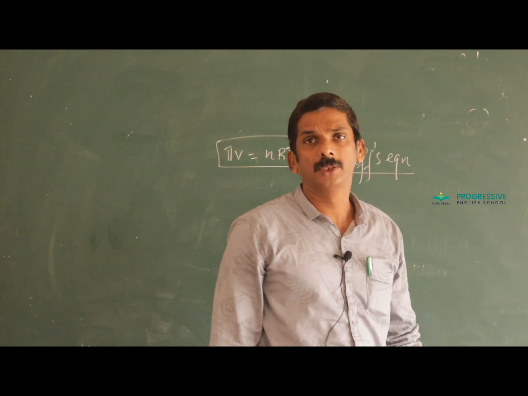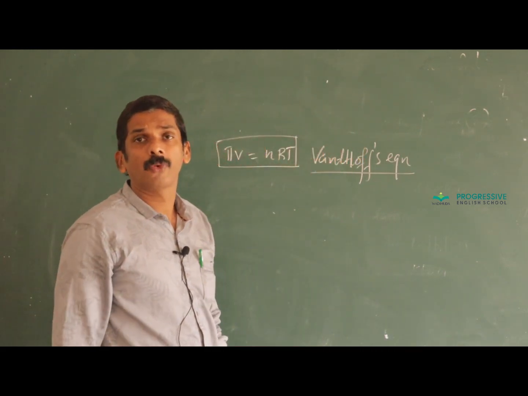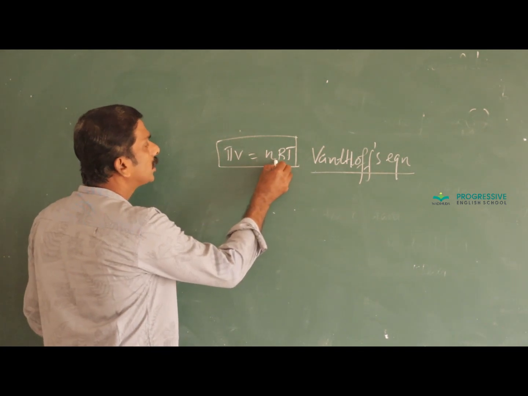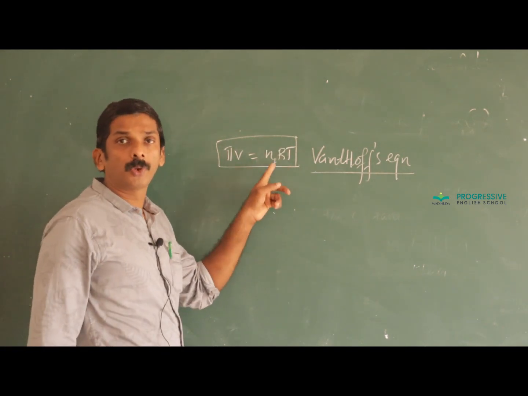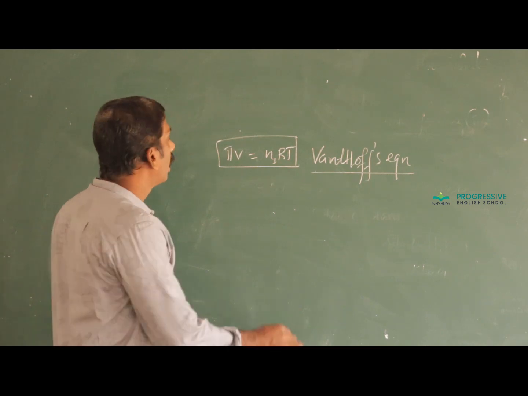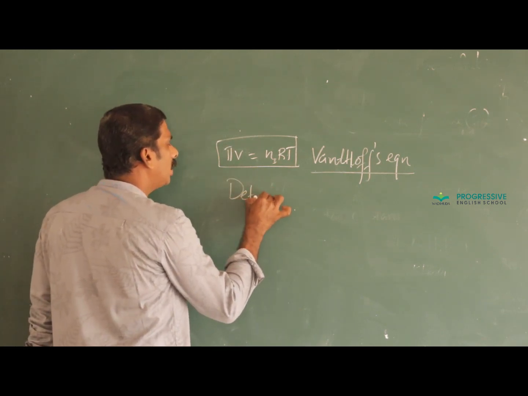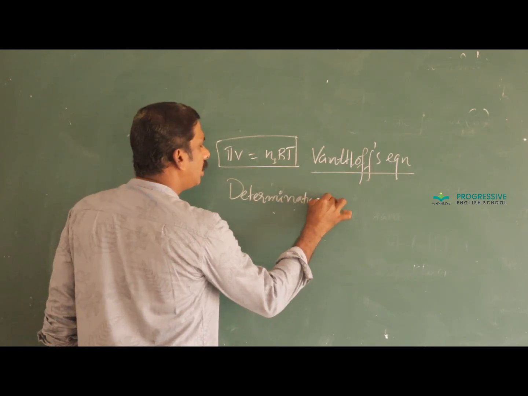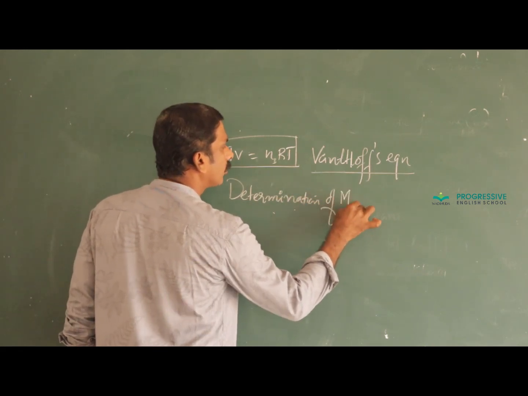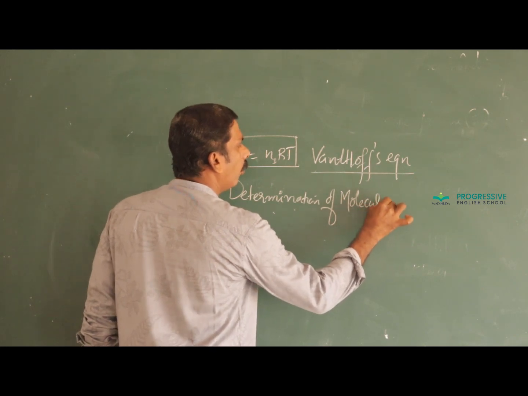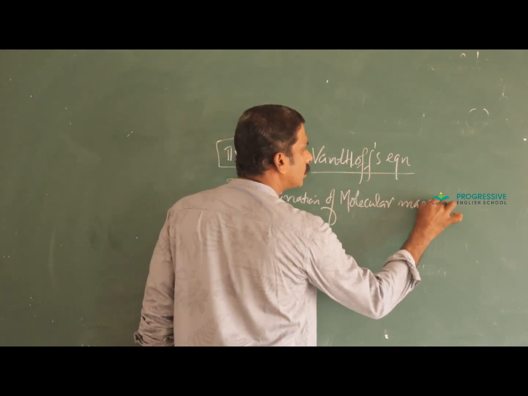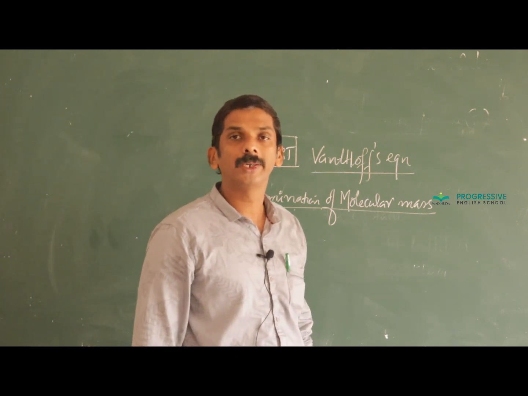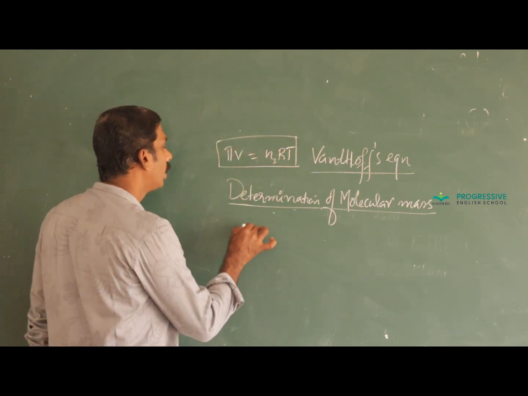As in the former case, we deduce the expression for the molecular mass of solute. Normally it depends upon the solute, that is why we put it as B. Determination of molecular mass of solute: how is the molecular mass of solute determined using osmotic pressure?